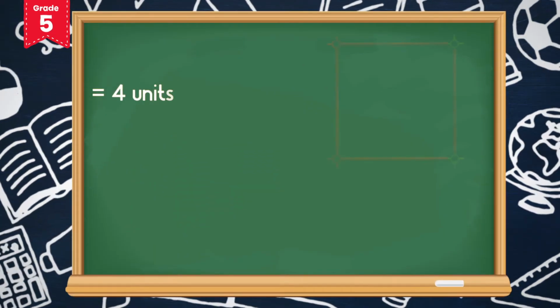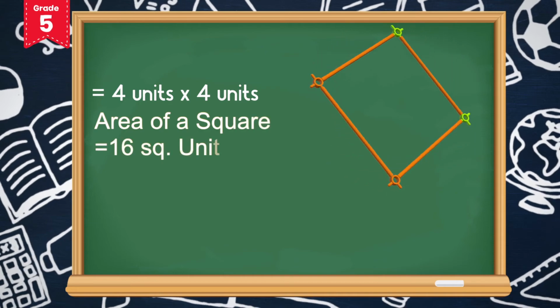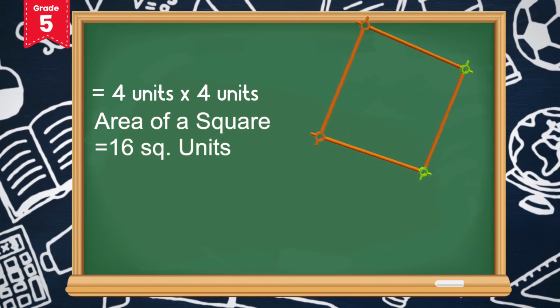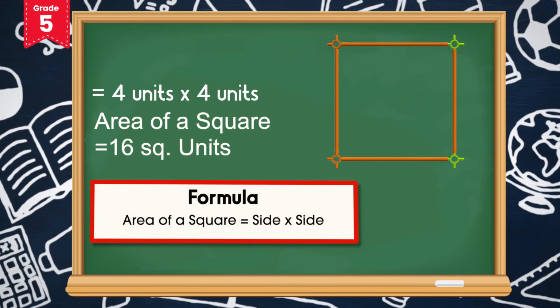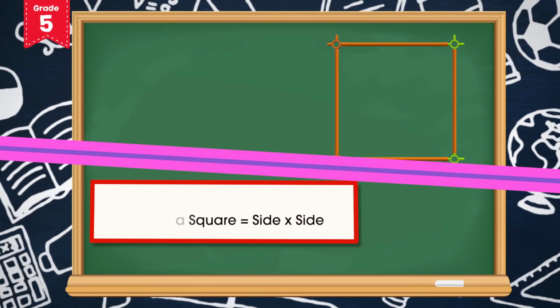That is 4 multiplied by 4, which gives 16 square units. Therefore, the formula for calculating the area of a square is side multiplied by side. Observe here that the area obtained is same as we have obtained without using the formula.